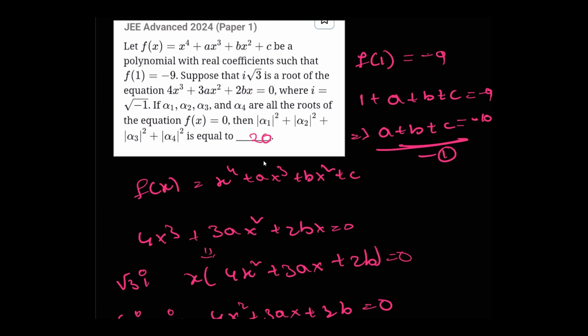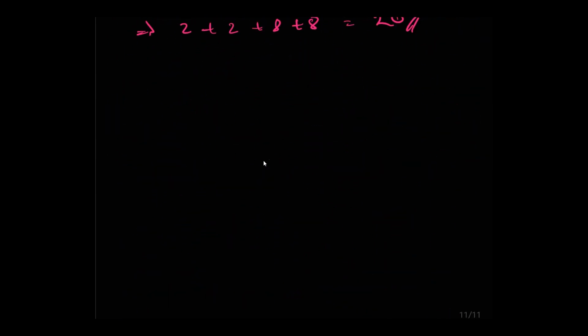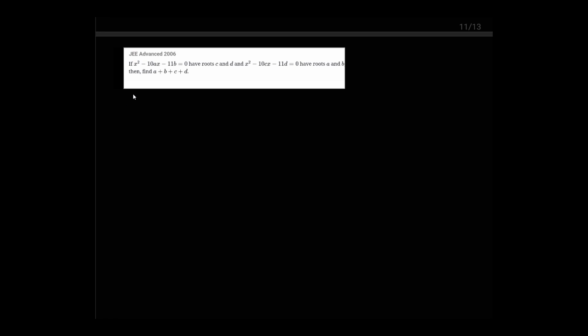Now we will do the second question. If x square minus 10ax minus 11b has roots c and d, and x square minus 10cx minus 11d has roots a and b, then find a plus b plus c plus d.